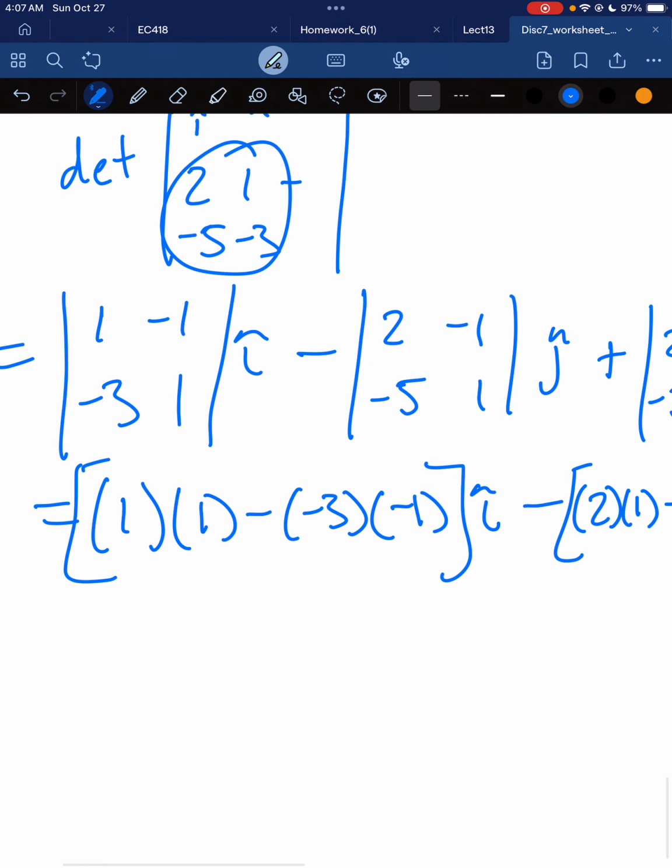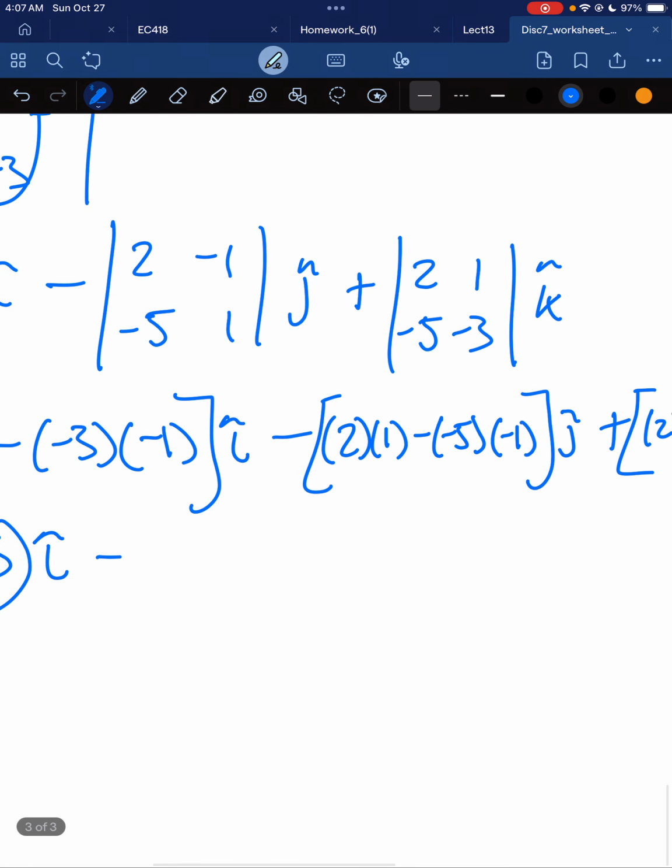So that's just 1 minus, so -3 times -1 is +3, so that's going to be 1 minus 3 for i hat. And then this is going to be 2 times 1, that's just 2, minus -5 times -1, that's +5, so it's going to be -5 for my j hat.